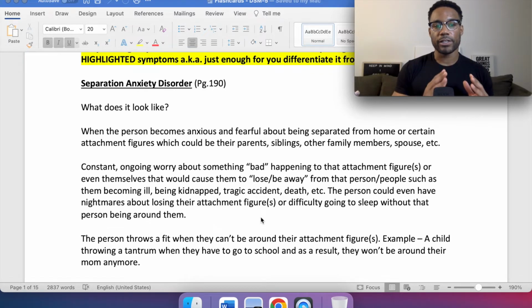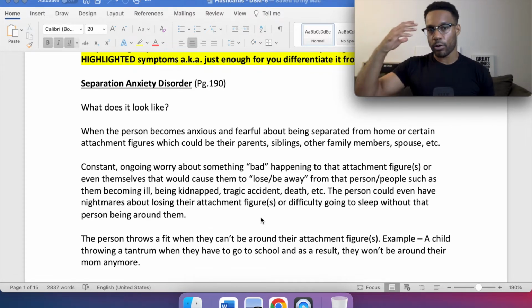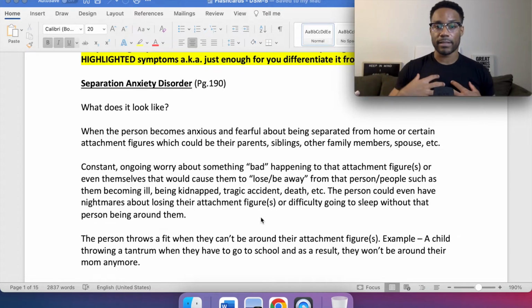With separation anxiety, they can even be fearful and worried, like, wait, what if something happens to me that will result in me not being able to be around the person I'm really attached to? They may worry about the people they're attached to, but they'll also think about themselves: if this happens to me, I won't be able to be around them anymore.